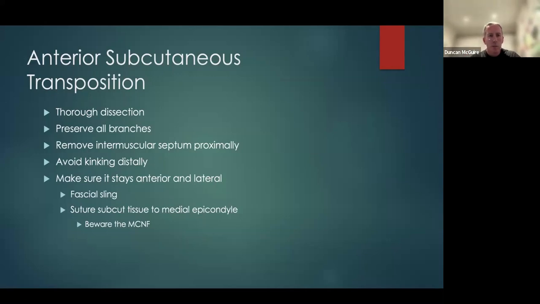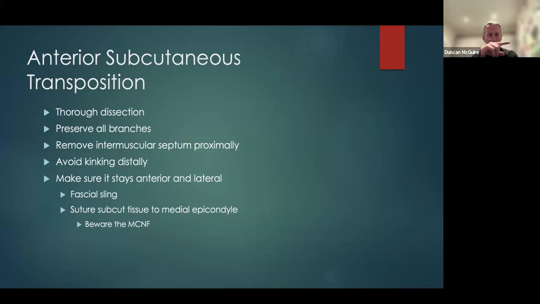You must remove part of the intermuscular septum proximally, just proximal to the cubital tunnel, because if you transpose it, then it goes over the sharp edge of the intermuscular septum and can irritate the nerve. So you actually resect a part of the intermuscular septum. And the most common reason we see for failed anterior subcutaneous transpositions is the nerve being kinked distally.